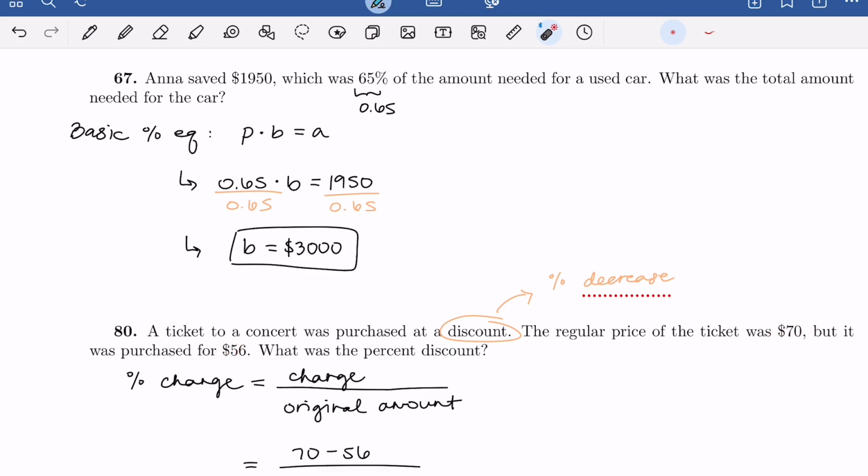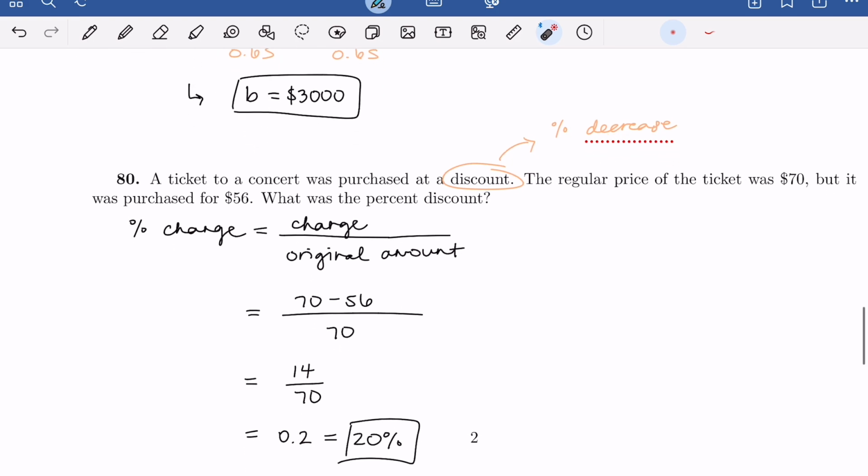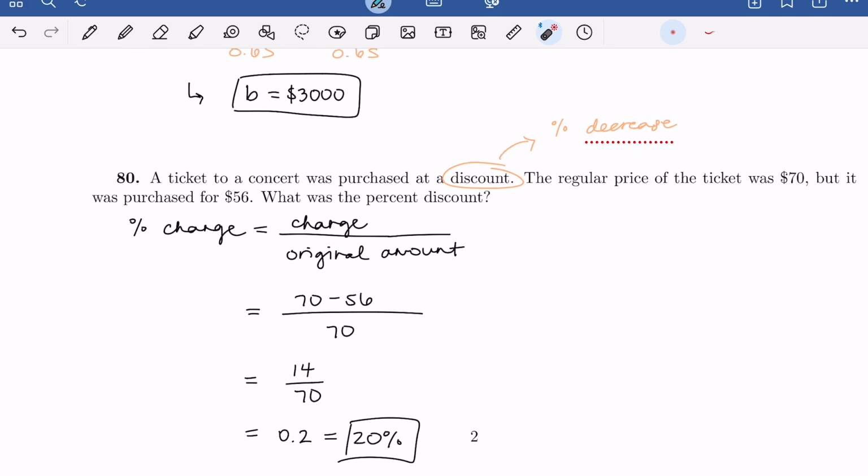So we just have to be careful of the context of the problem, because we're asking for the percent discount. The percent of the whole would be 56, but that wouldn't be the actual marked off amount. The marked off amount would be that 20%. So just keep that in mind. If that is too confusing, then just scratch everything I said and just use this formula here.